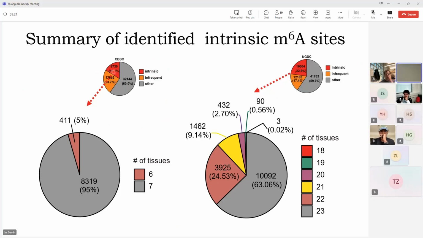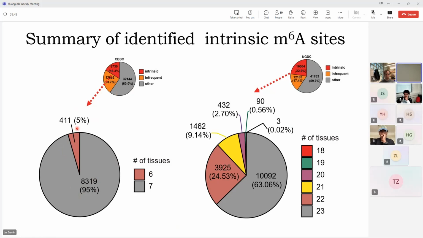If we examine how many tissues these intrinsic sites overlap, in the CBBC dataset, 95% of intrinsic sites existed in all 7 tissue types, and only 5% overlapped in 6 tissue types.